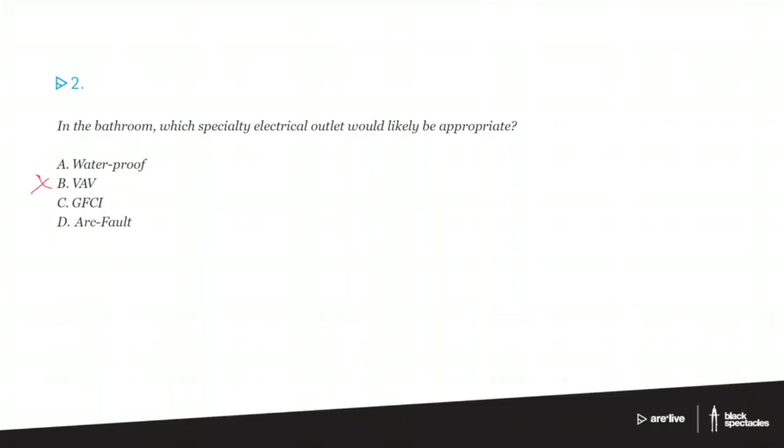A GFCI is set up so that when, let's say you have a hair dryer plugged in on one side of the sink, but then you're using it on the other side and the cord goes into the water and there's a little break in the cord. And suddenly electricity can find its way out of the wire and into that water.